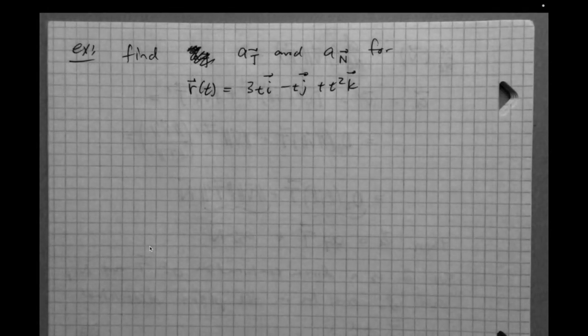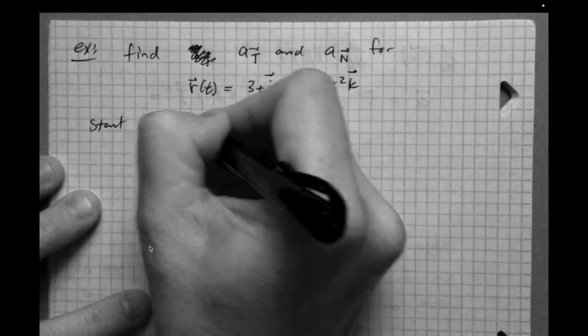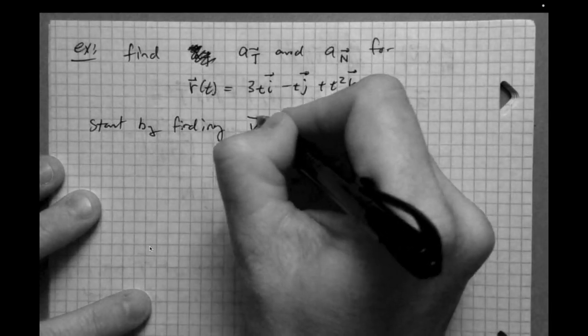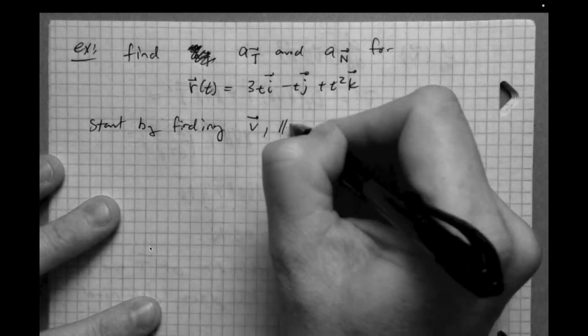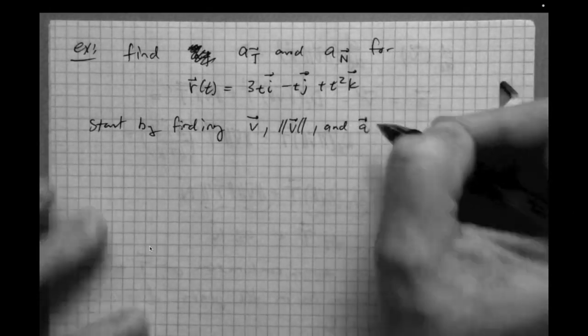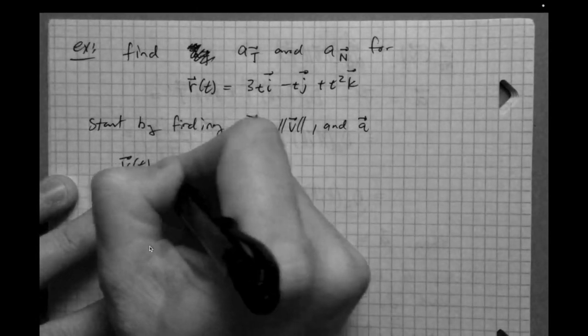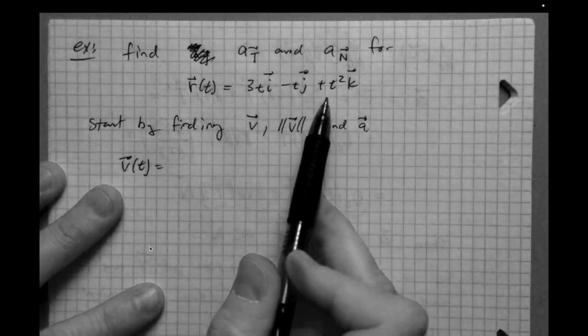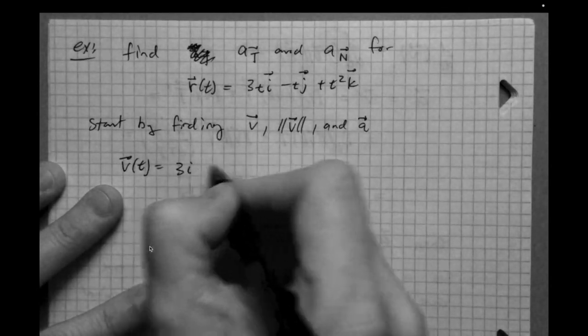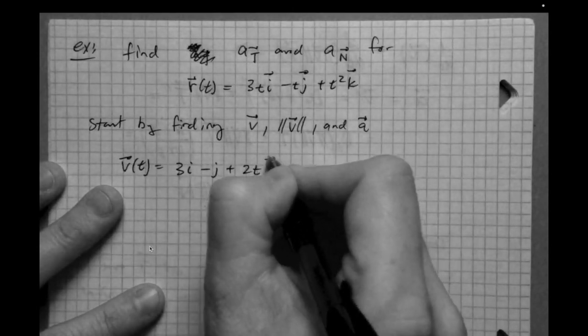And we saw just a moment ago that there are lots of ways to do this. So we'll start by finding the velocity, and let's also find the norm of the velocity, and while we're at it, find the acceleration. The velocity is the derivative of this, so that's just 3i - j + 2t k.